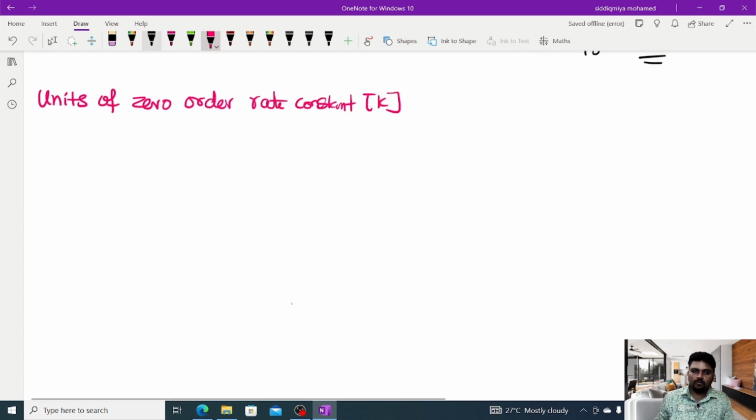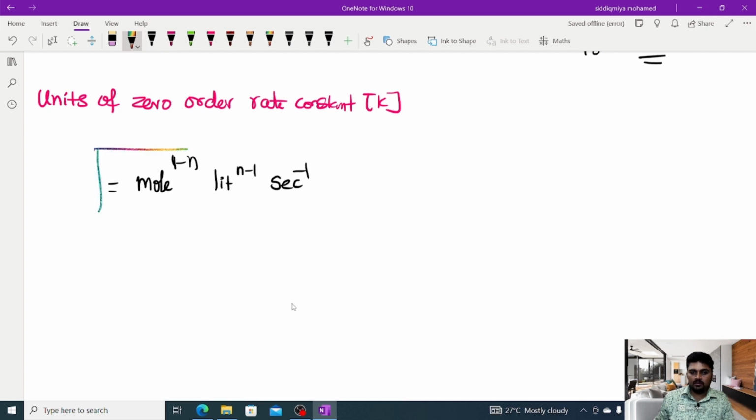There is one general formula: mole power 1 minus n, liter power n minus 1, and second inverse. This is the general formula. Here n is 0 for zero order, n is 1 for first order, n is 2 for second order. So n may be 0, 1, 2, 3.